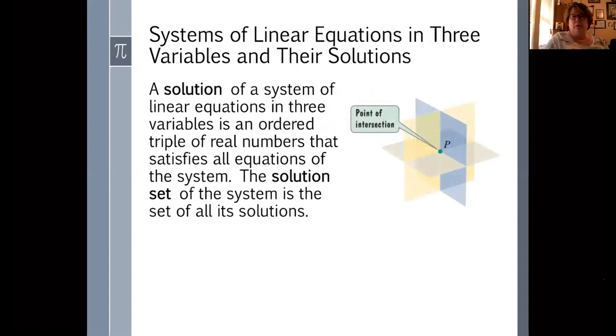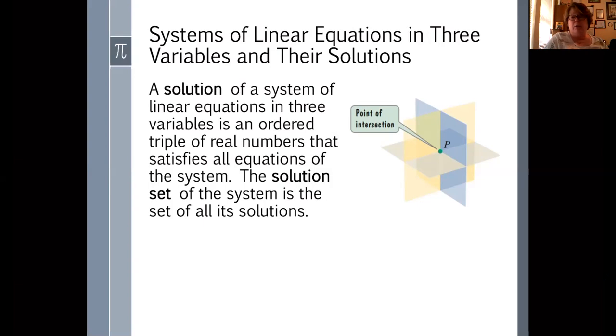The solution of a system of linear equations in three variables is an ordered triple of real numbers that satisfies all equations of the system. The solution set of the system is the set of all its solutions.